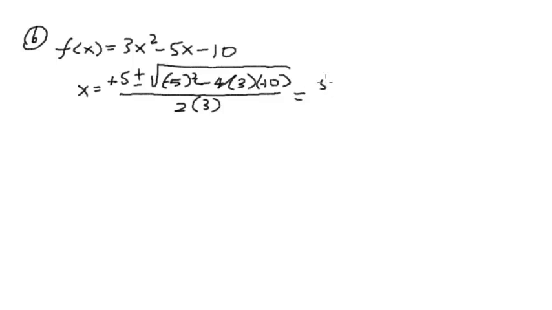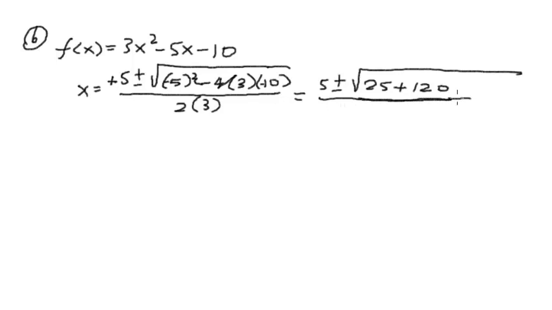That will be 5 plus or minus the square root of 25 plus 120, all over 6. And then that simplifies to 5 plus or minus the square root of 145, all over 6.